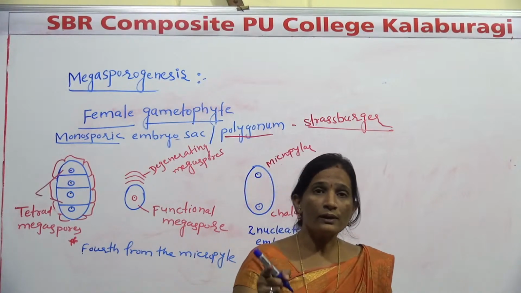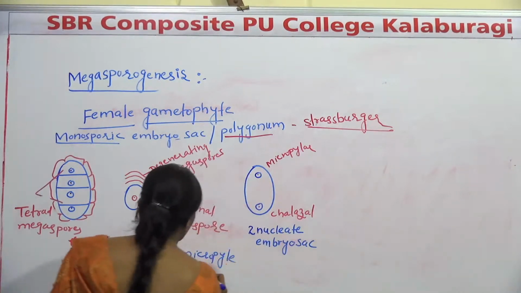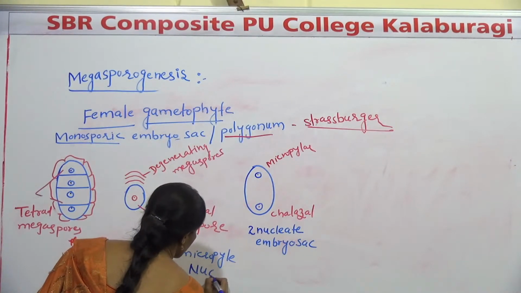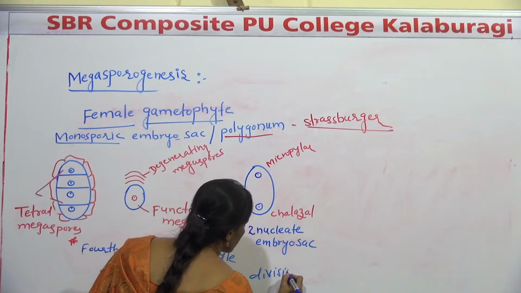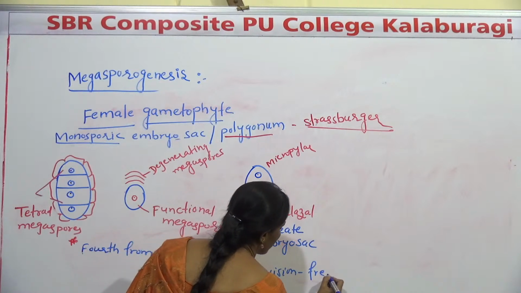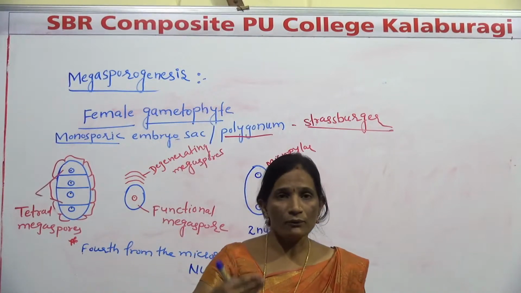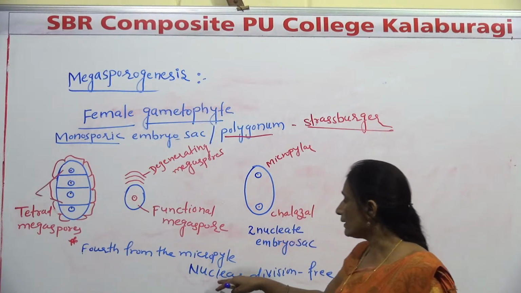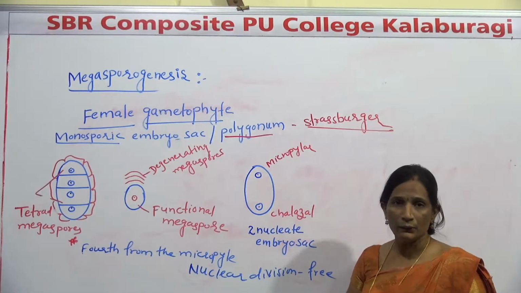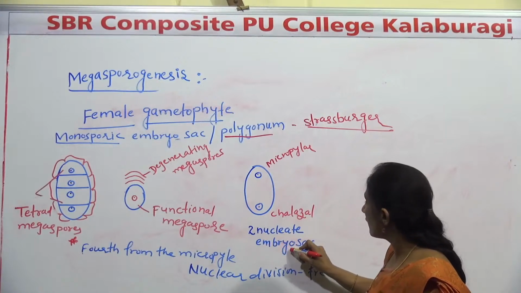Here, nuclear division is free, because as soon as new nuclei form, there is no cell wall formation. So it is called free nuclear division. Okay, so this is a two nucleate embryo sac.